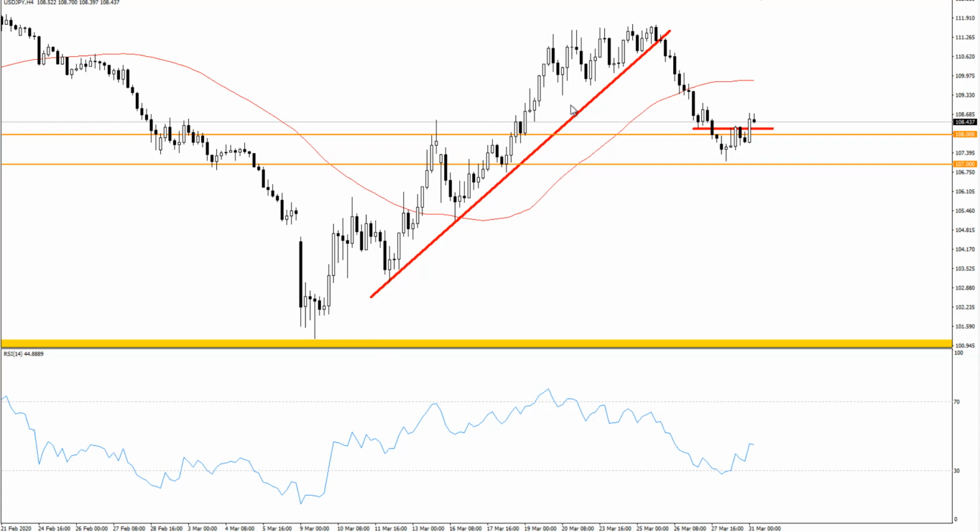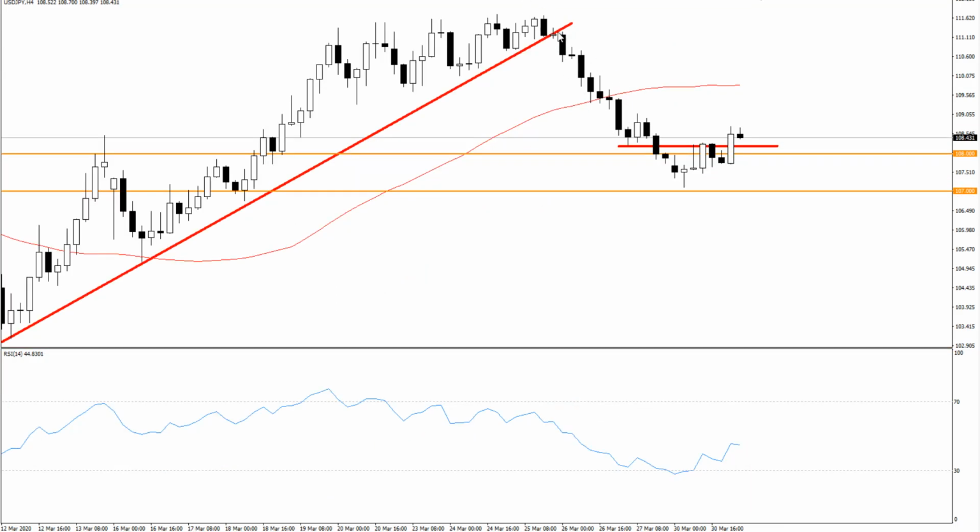And you can see that we had this big, nice rally here, actually, that on the 4-hour chart was quite well defined. And we pulled back to the 107 level. And then we consolidated, we've pushed back through 108, and you can see that was the big move higher.